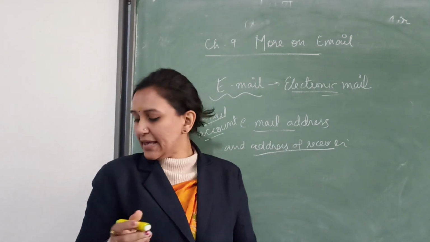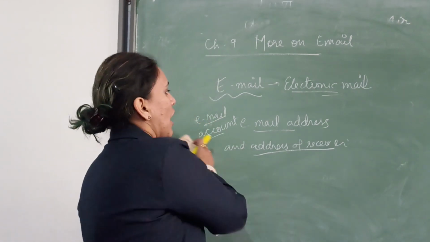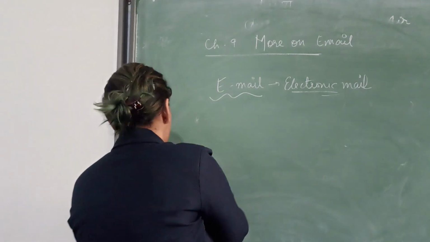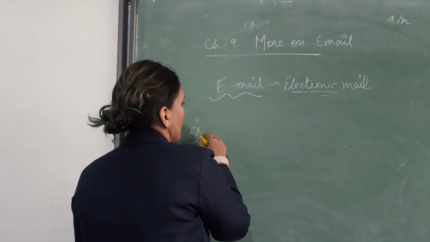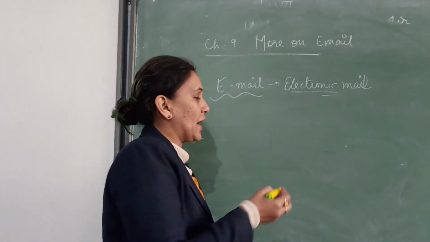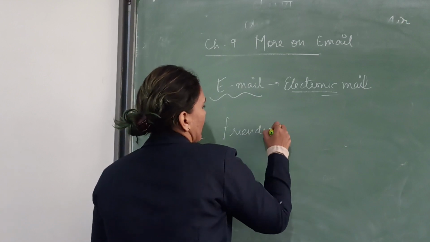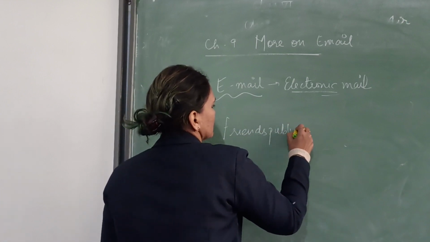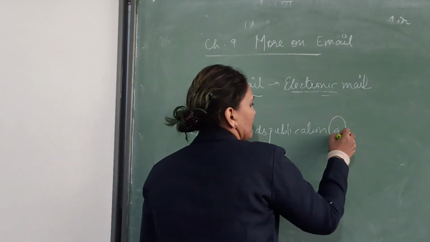Now, how can we identify what the email address is going to look like? I'll just give you an example. I can use any name, or if I'm writing friends application, then there is a symbol, at the rate.